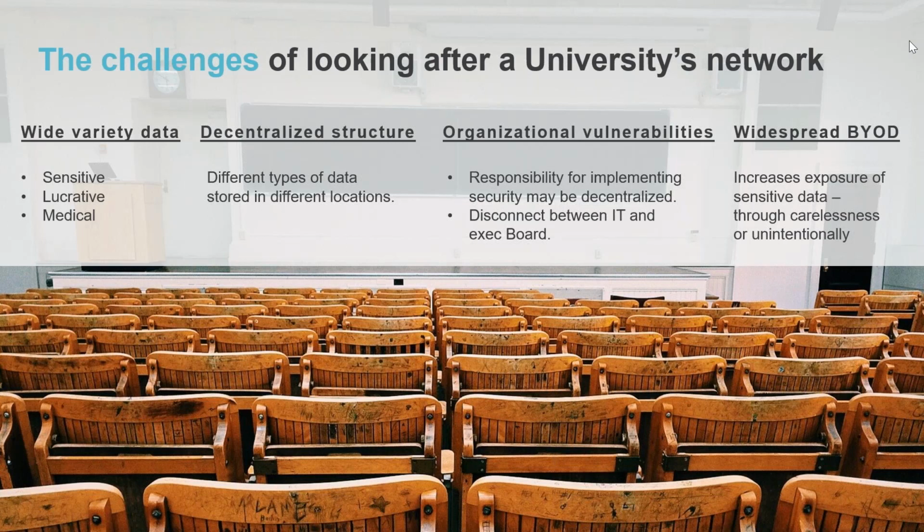While data is important, another reason why they are very attractive is that they have a very decentralized structure. We were talking about the different types of data. More often than not, each type of data is stored in different parts within the university. For example, students' data may be kept separately.